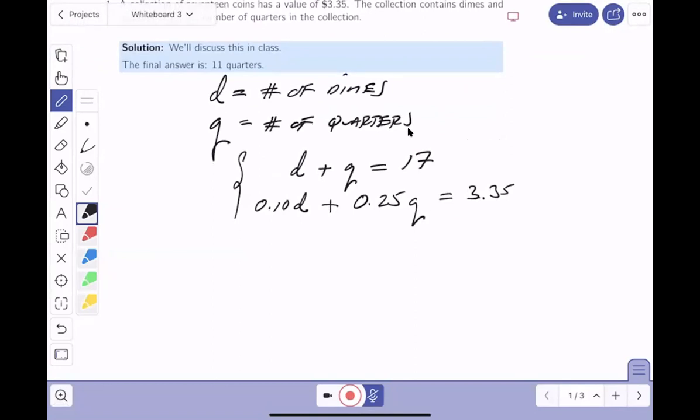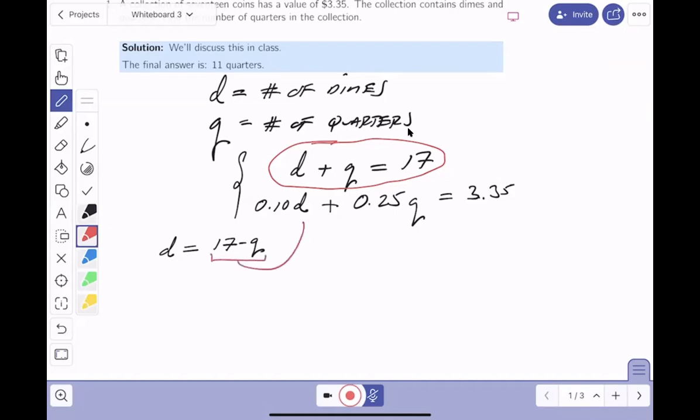So D is equal to 17 minus Q. So I'm going to take this D, which is 17 minus Q, and plug it in here.